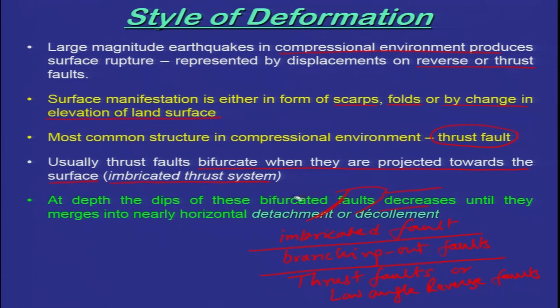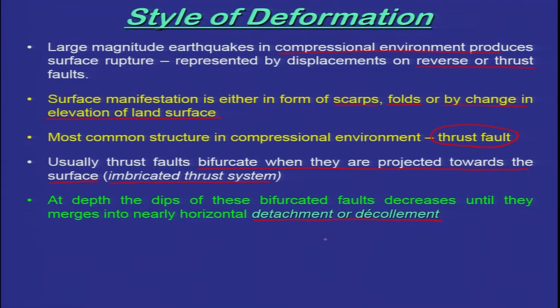Then what you see is that at depth, the depths of these bifurcated faults decrease until they merge into a nearly horizontal plane, which we term a detachment or décollement.